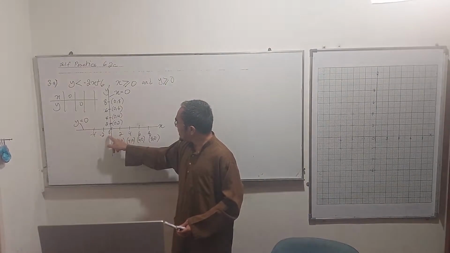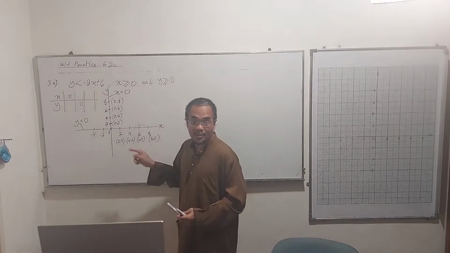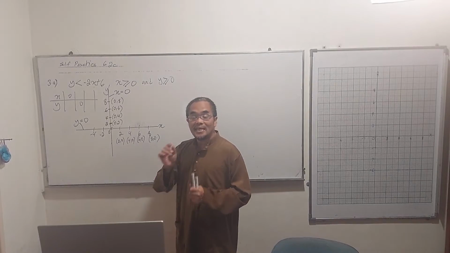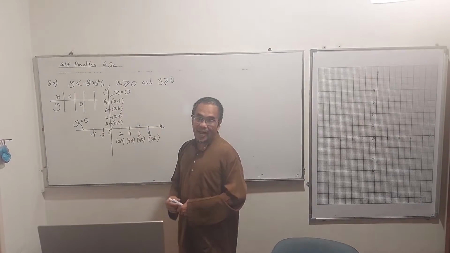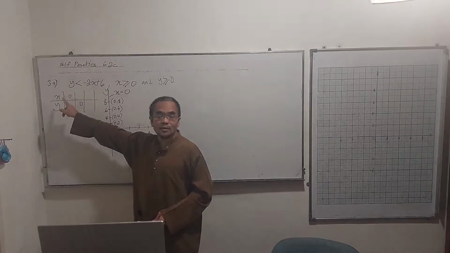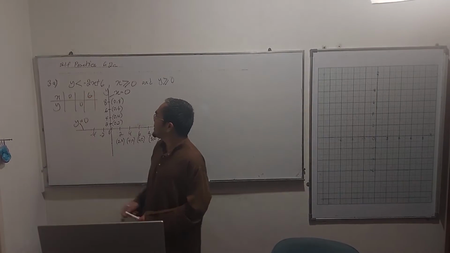Why? Because it will make it easy for you to draw the straight line. So for example, I pick the two values for x as 0 and 6.